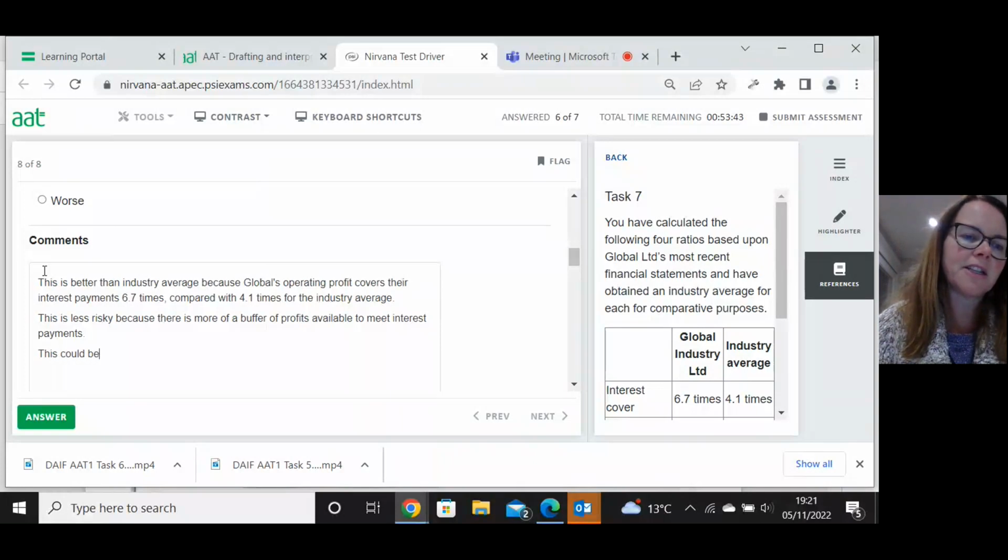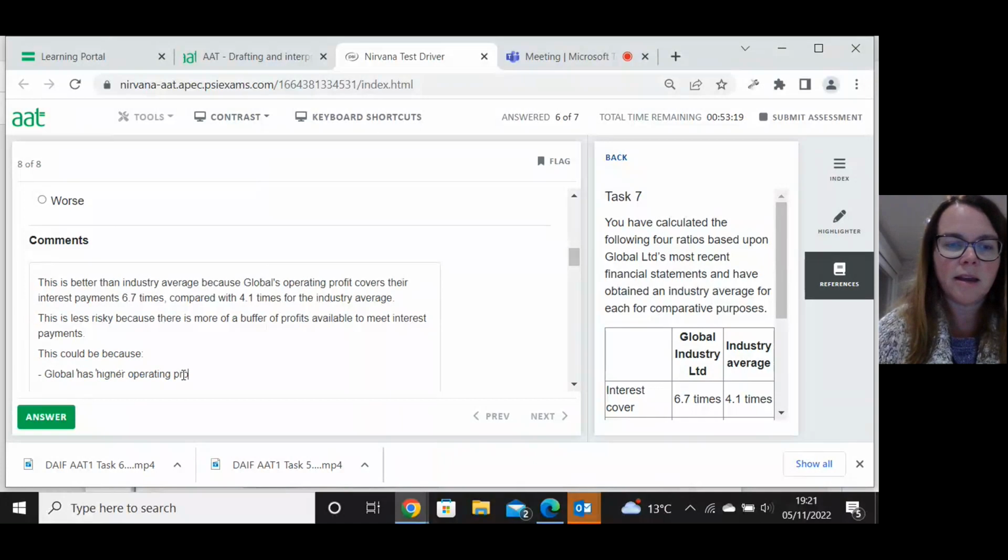Then something like this could be because, and we can use bullet points, but not true bullet points, we can put little dashes. So this could be because, why might their profits, they might have higher operating profits. Let's say Global has higher operating profits than the industry average.